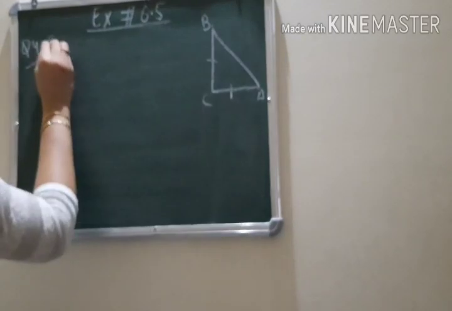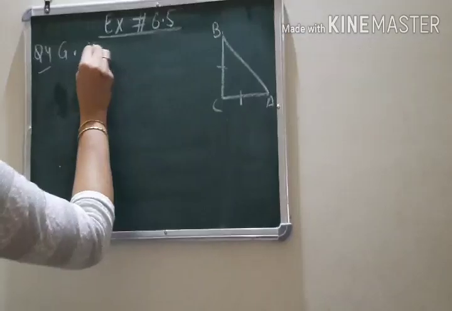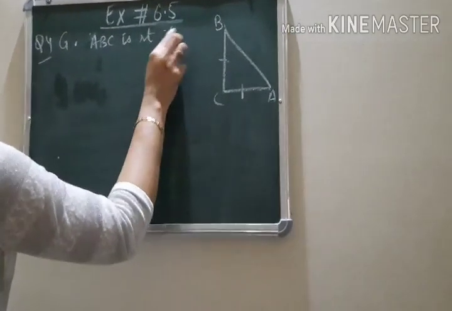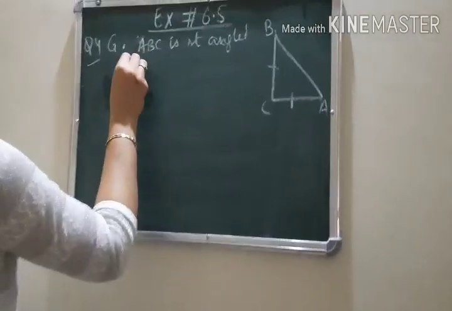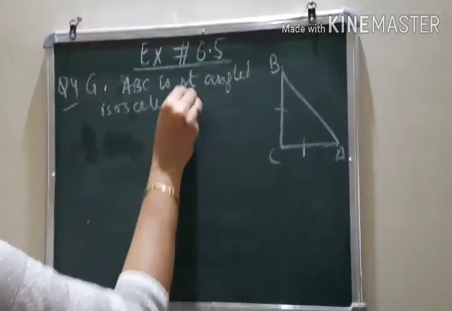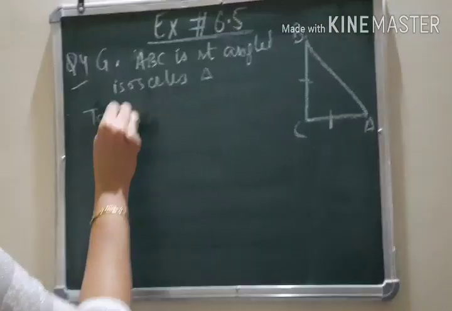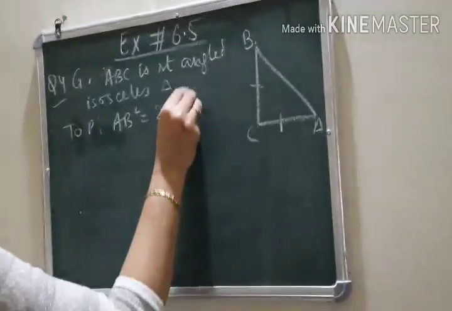So you will write: ABC is a right angled isosceles triangle. And you have to prove that AB square is equal to 2AC square.